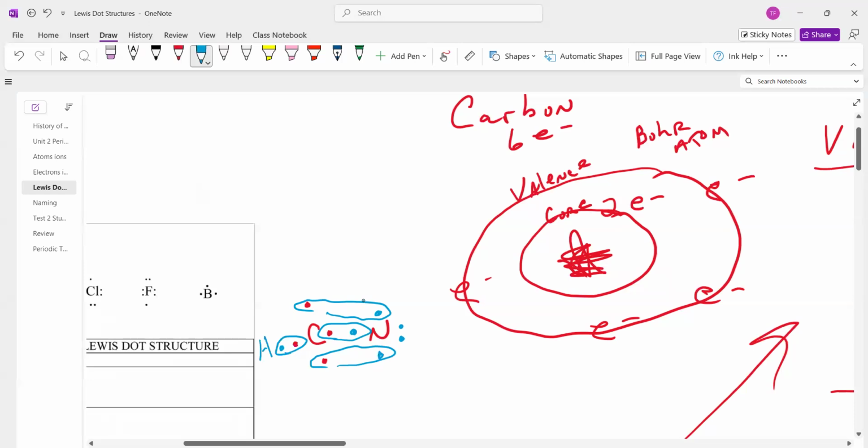And then lastly, what we do is put a solid line where there's a bond. So that's the end product of the Lewis dot structure. So we've got some rules.